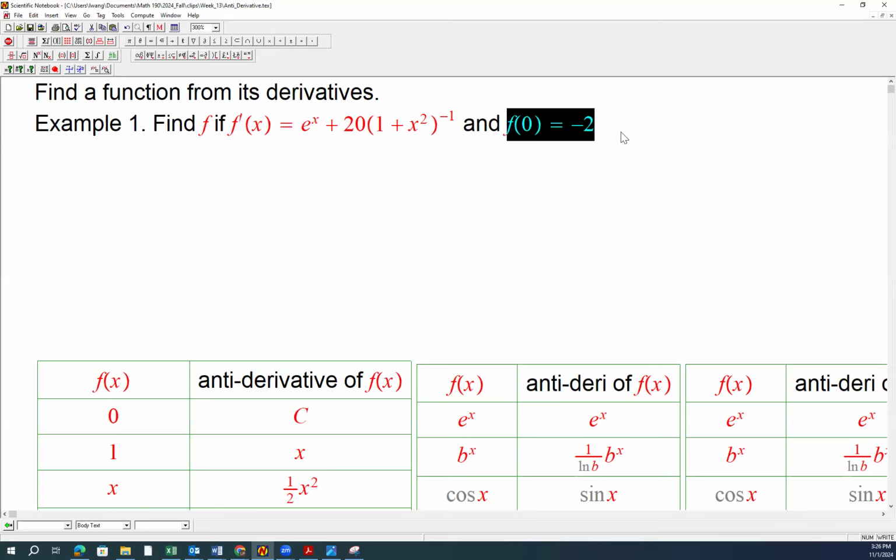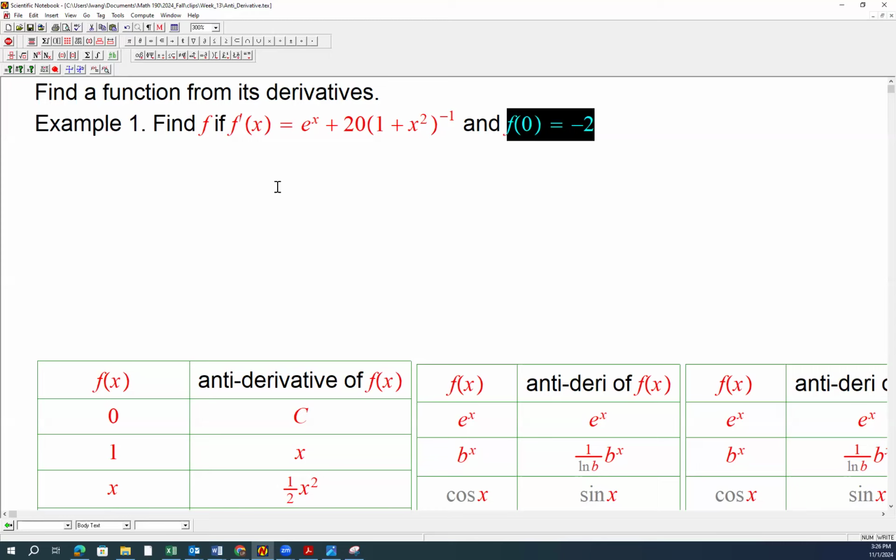With these additional conditions, you will find out that we are going to use them to determine one or two constants. Each condition determines one constant. Two conditions determine two constants.